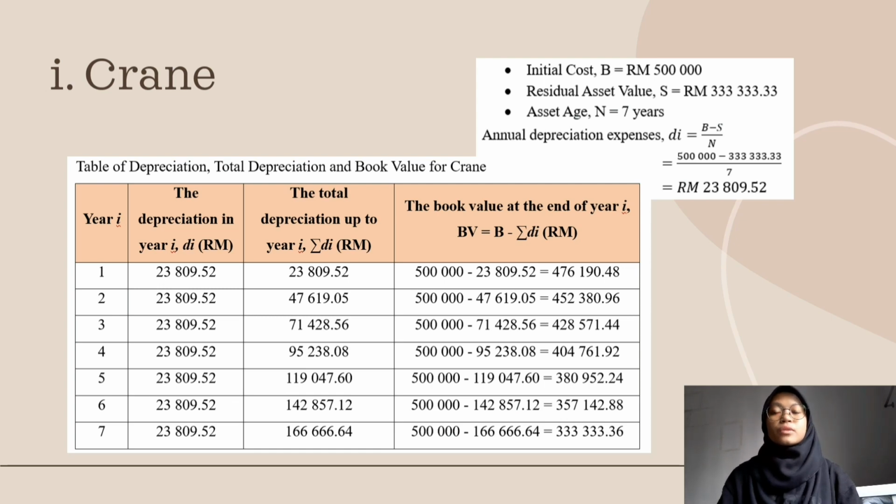So the value is constant for the crane throughout 7 years, and the total depreciation is the total up for how many years. After 7 years, the total depreciation goes to 166,666 ringgit and 64 cents, and the book value at the end of the year, we should get back the value from the residual asset value we calculated in the cash flow diagram, which is 333,000 ringgit.